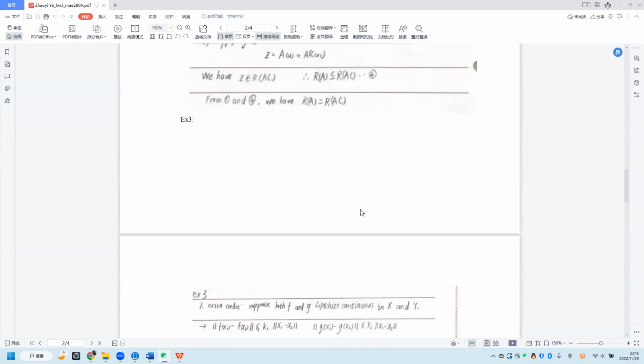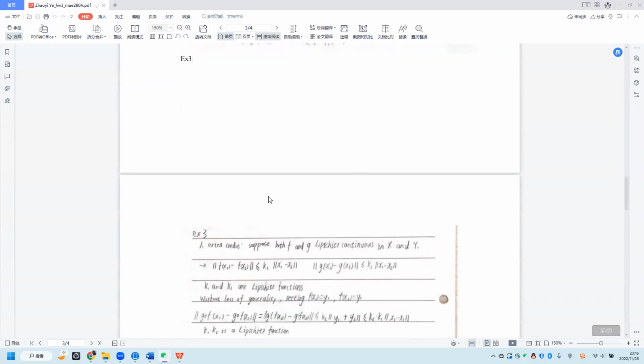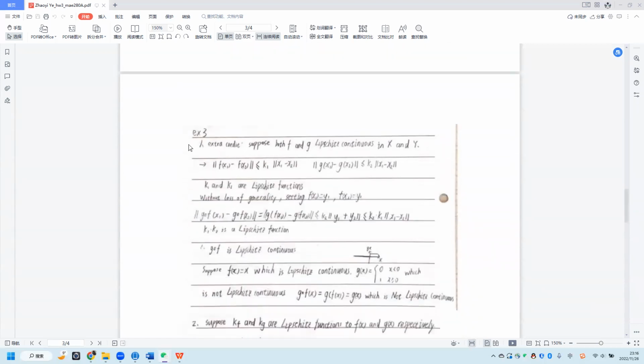And then we come to exercise 3, which is about Lipschitz continuity. In the first part, I will illustrate the extra credit part, which is that f and g are both Lipschitz continuous in x and y.